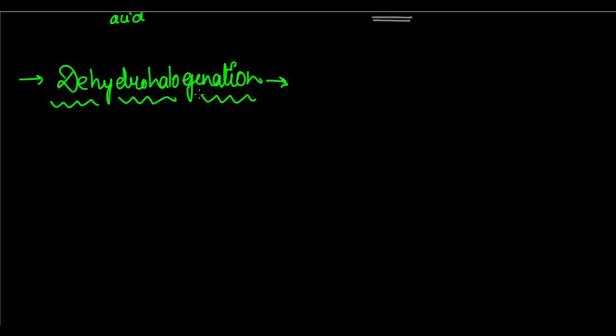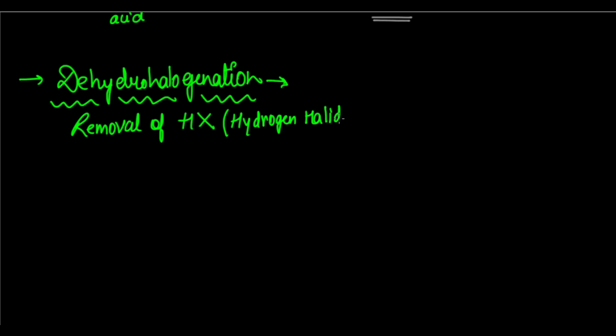But dehydrohalogenation is basically the removal of that hydrogen halide, HX. HX denotes hydrogen halide, because X denotes halogens. So hydrogen bonded with the halogen gives hydrogen halide.